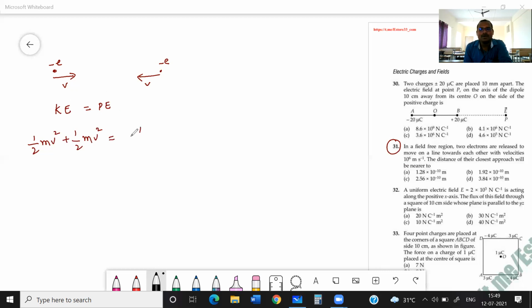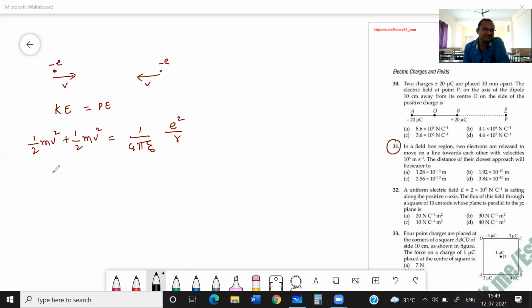The formula is 1 by 4 pi epsilon naught q1 q2 by r. Here q1 is an electron, q2 is also an electron, so we can write e square by r. This formula we will discuss; one derivation is there, we will discuss. Okay, remember. Up to what closest distance they will come? That is the distance r we need to find.